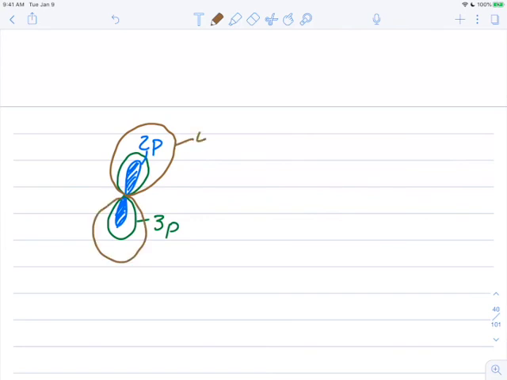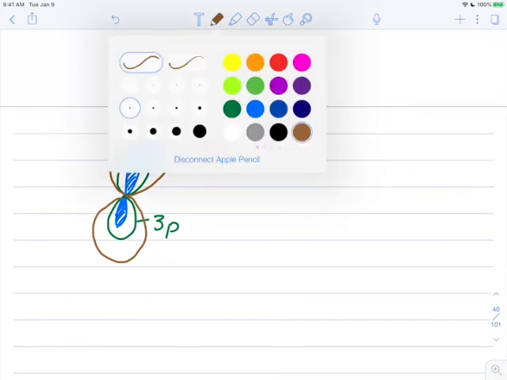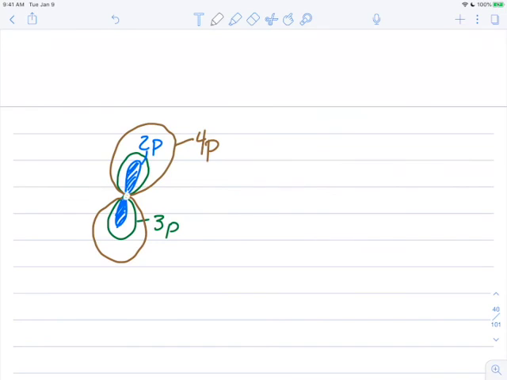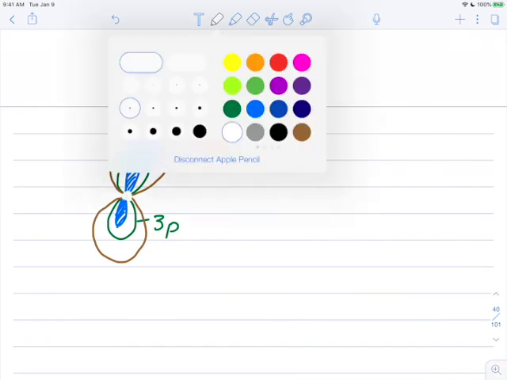And now this right here is going to be our 4p. And 4p is another shell. So if you happen to be a 4p electron, you could only travel around in that 4p shell. So here we have nodes first right over here in the center.